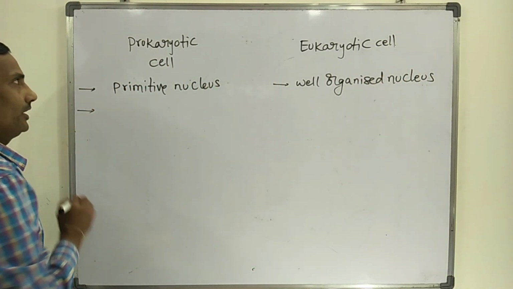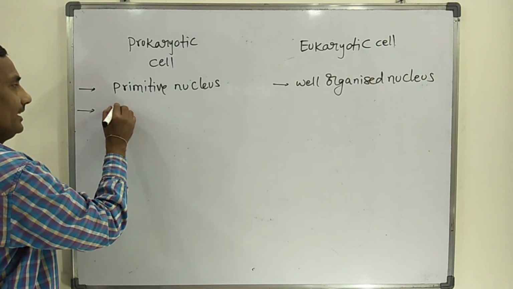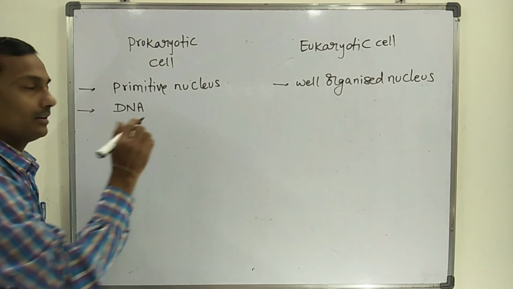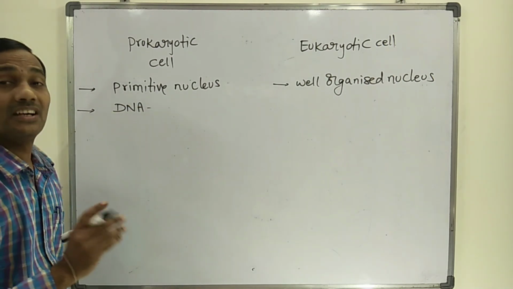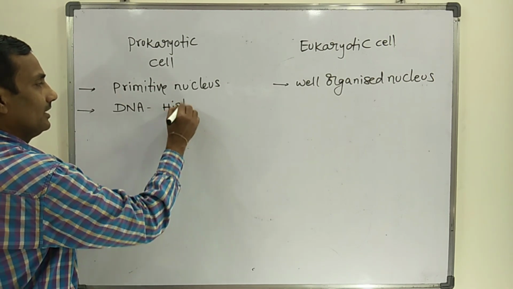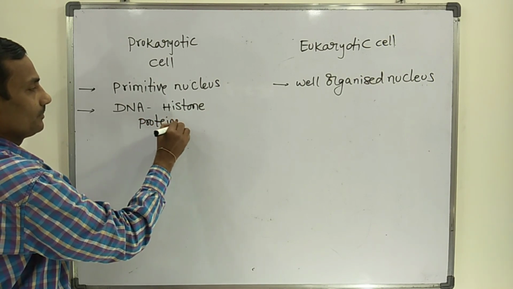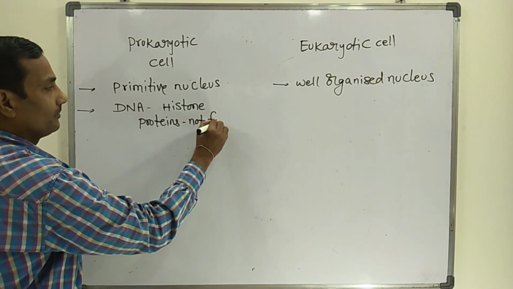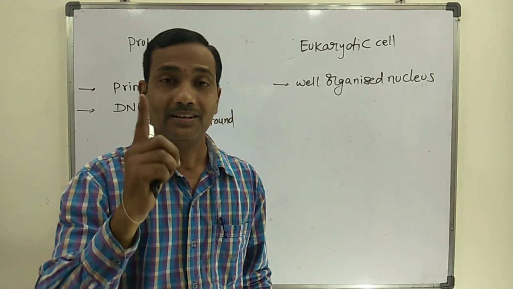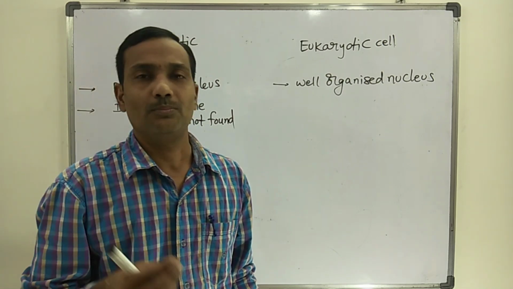Next, one more important point about a prokaryotic cell: the DNA does not contain histone proteins. The DNA will be there, but histone proteins are not found. In any prokaryotic cell you observe only DNA, without histone proteins.